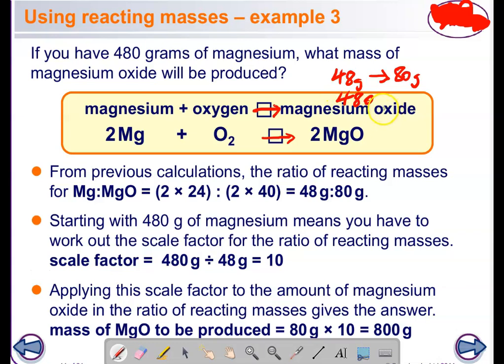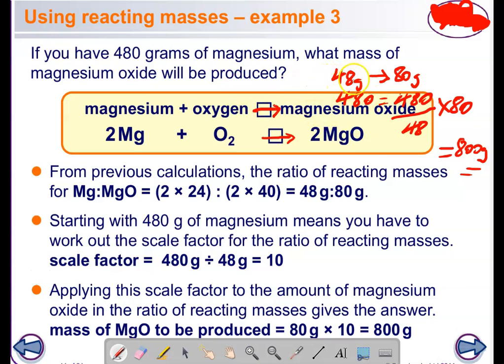Now, if we go back to our rule: if more, less, divide; if less, more, divide. We're going to have 480 divided by 48 times 80. And what are we going to get? 800 grams.